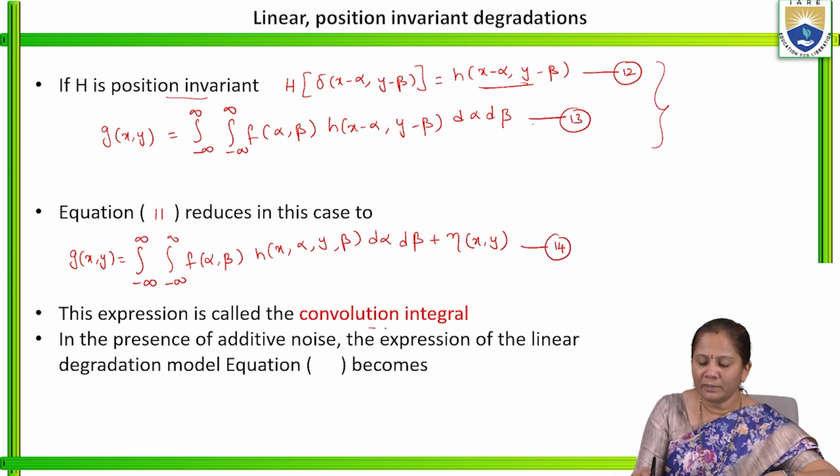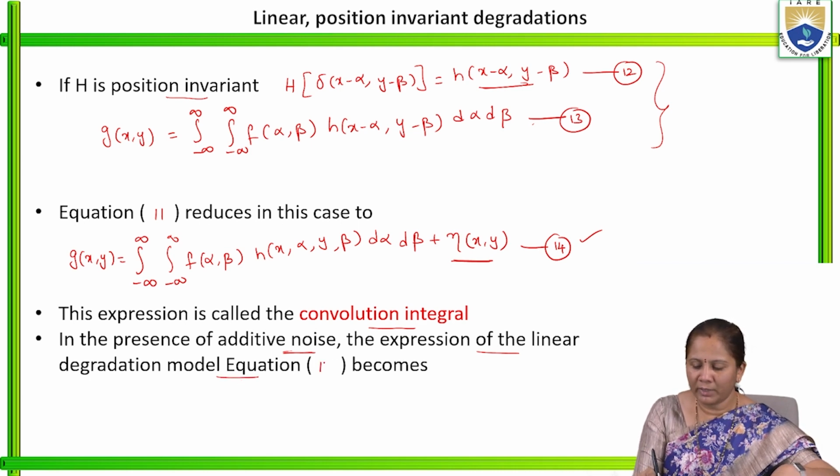This expression indicates the convolution integral in the presence of additive noise, that is eta of x comma y, which we have considered. In the presence of additive noise, the expression of the linear degradation model, which is equation number 14, includes the additive noise.